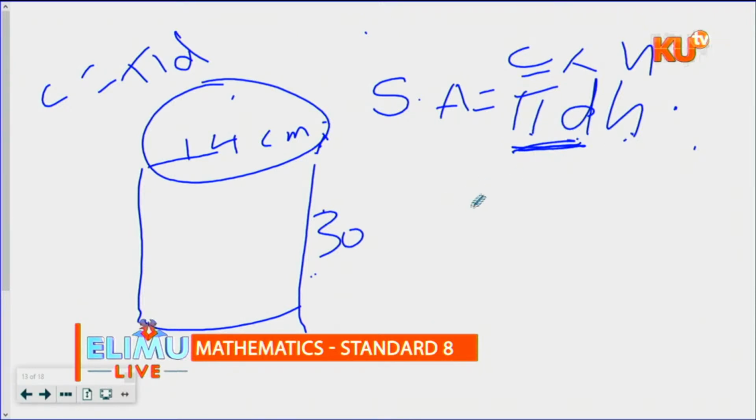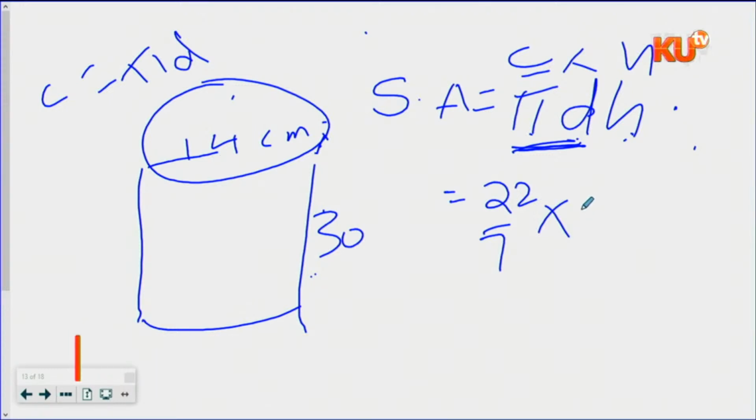So this will be equal to 22/7 times the diameter. The radius is 14, so our diameter will be 28. This 28 we multiply by the height, which is 30.